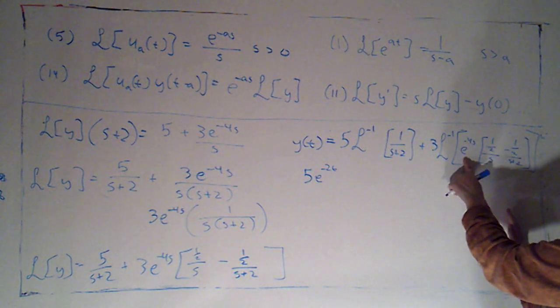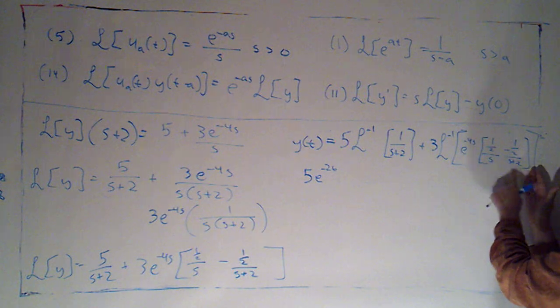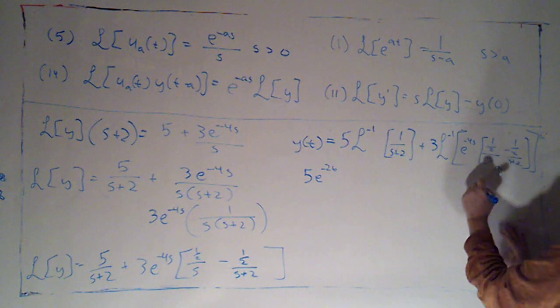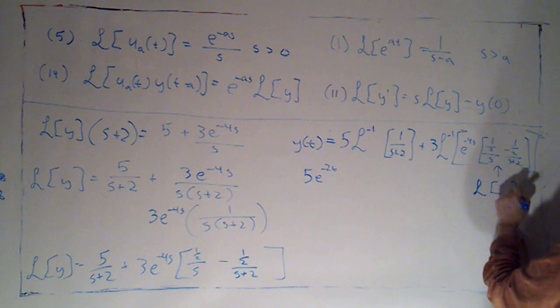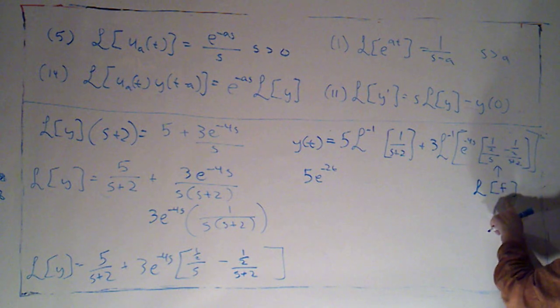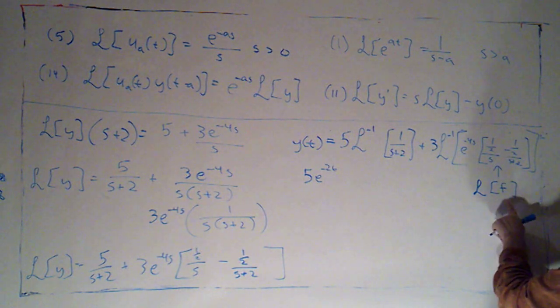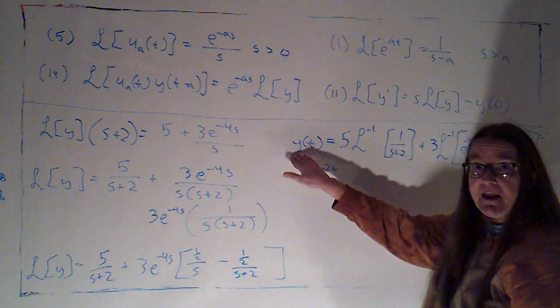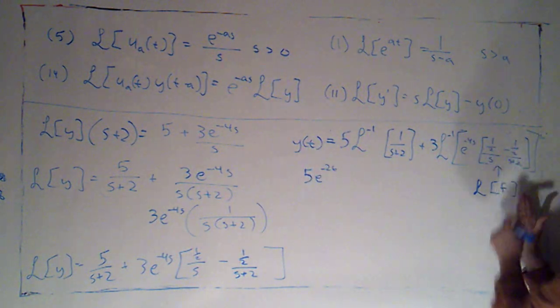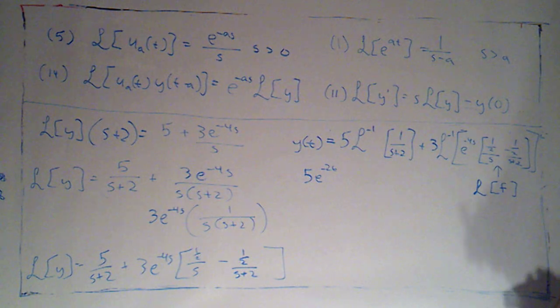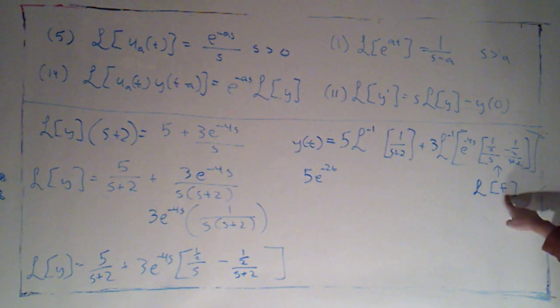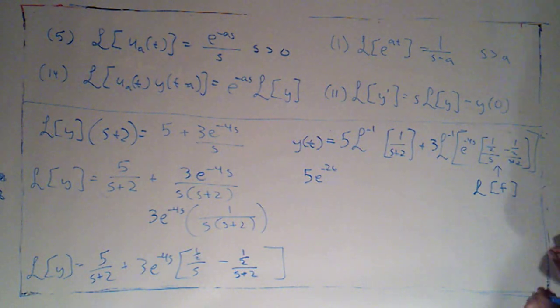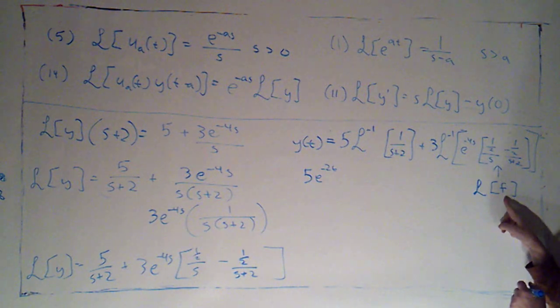Now I've got the e to the negative 4s times this. So I'm thinking of this as the Laplace transform of some function f. I'm going to write f instead of y, because y I was using for the entire thing. f I'm going to be using just for this piece. So if that's the Laplace transform of f, let's see if we can figure out what f is.